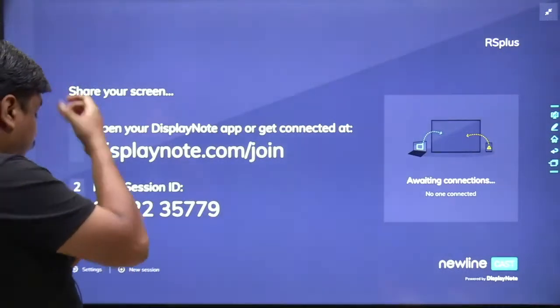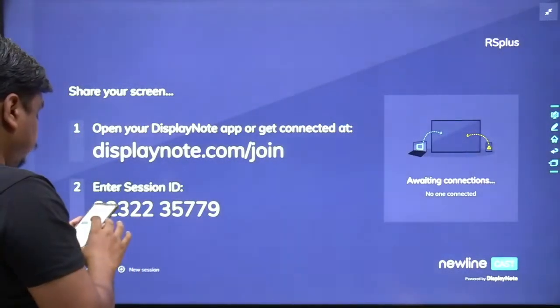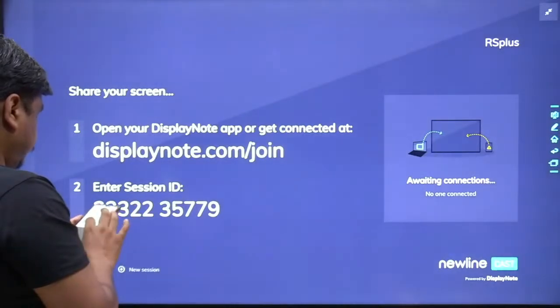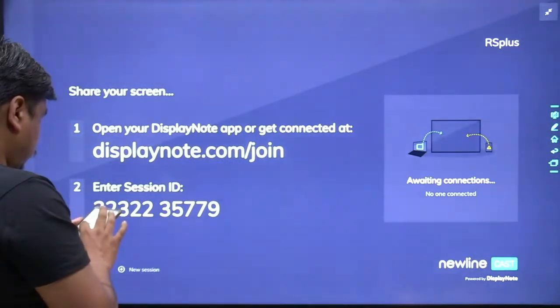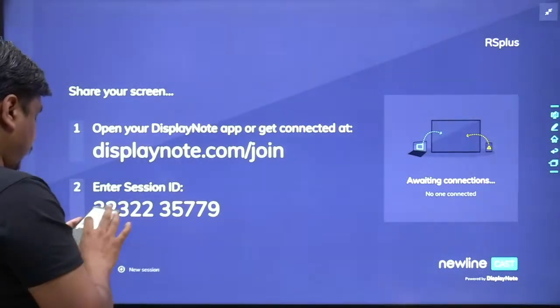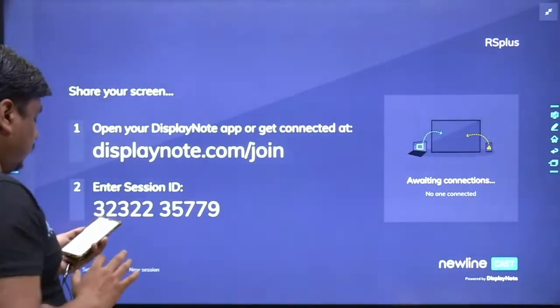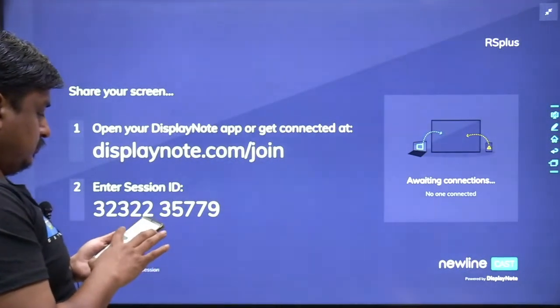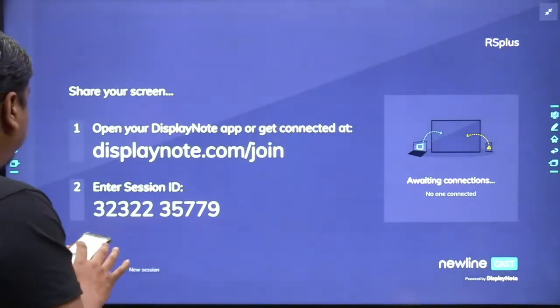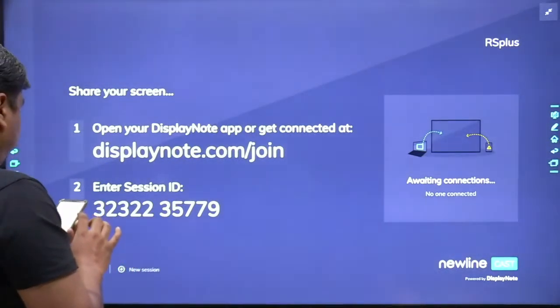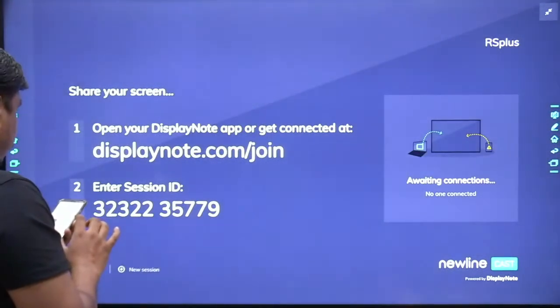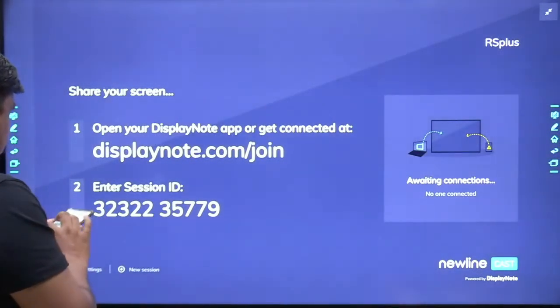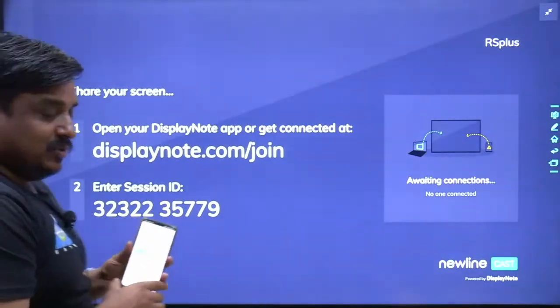The session ID is 3232 3 5 7 9, and the session name is Sonal. Why is it not getting connected? Just a minute. Here it is 3, 2, 3, 2, 2, 3, 5, 7, 9. Anyways, there is a certain problem.